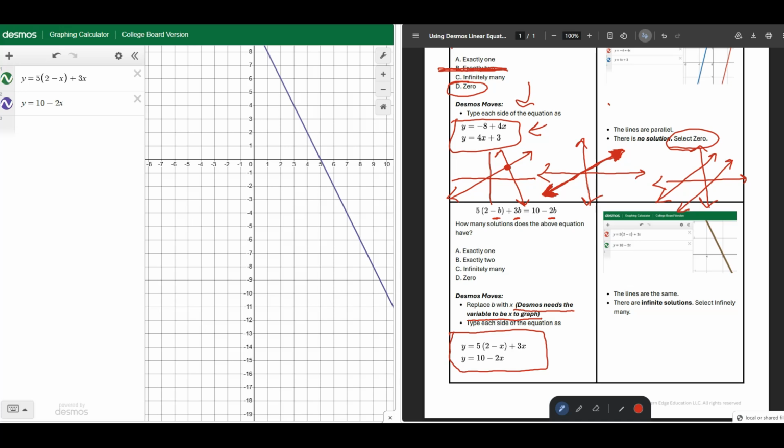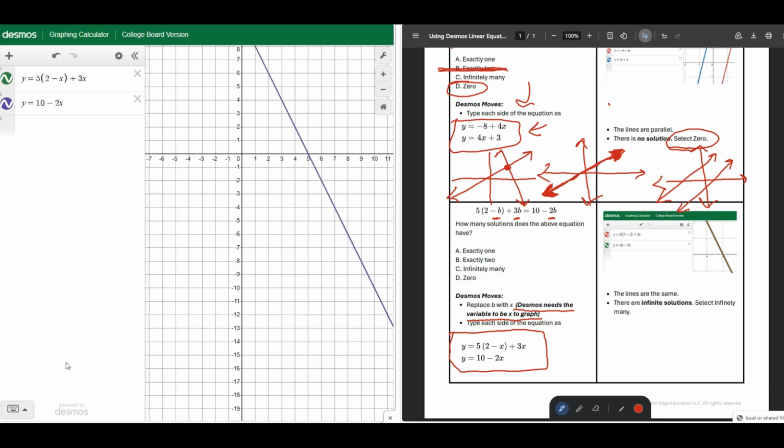If you'll notice on the graph, I have only one line. So that's indicating to me that once I've typed both of them and I only have one line shown, they are the same exact line. And you can see that I can turn off the purple. I'll click on the purple line, turn it off, and you'll see green.